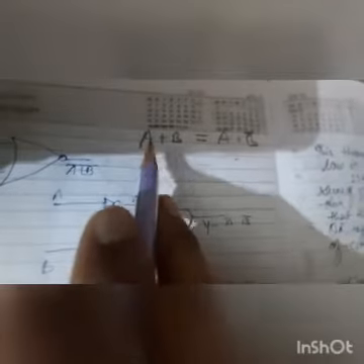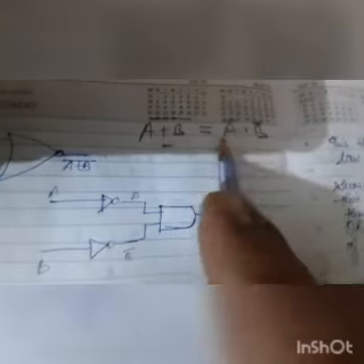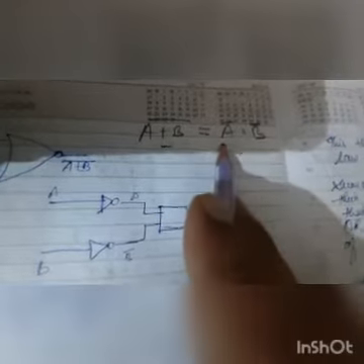It means that the complement of two or more variables ORed together is the same as the AND of the complement of each individual variable. The second law states that the complement of the product is equal to the sum of their individual complements: (AB) bar is equal to A bar plus B bar.